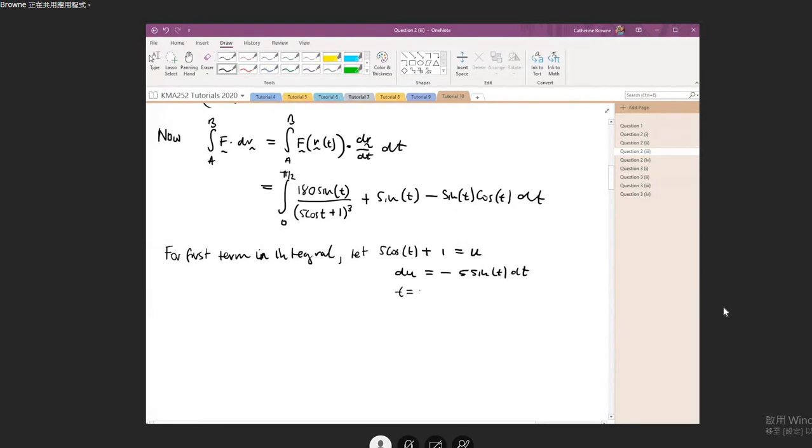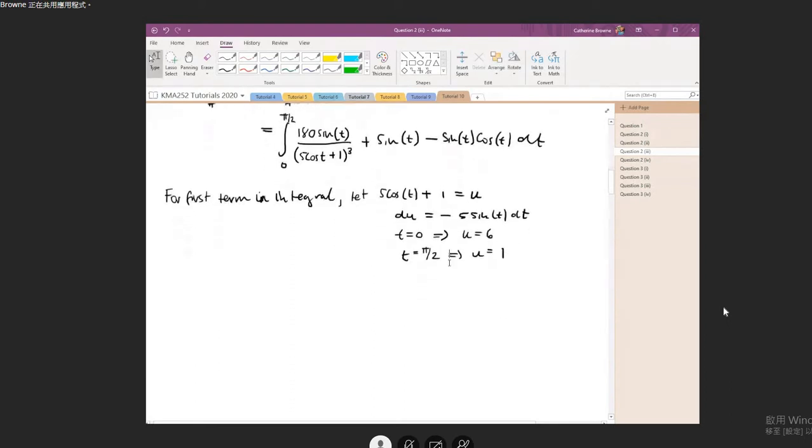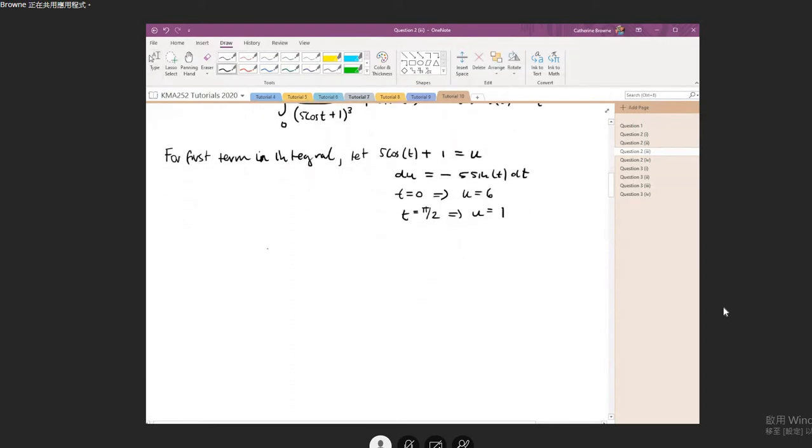And t is equal to 0 implies that u is equal to 6. t is equal to pi on 2 implies that u is equal to 1. And so the integral is equal to from 6 to 1 of u minus 36 on u cubed du.